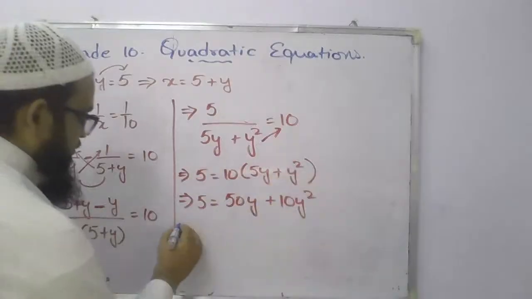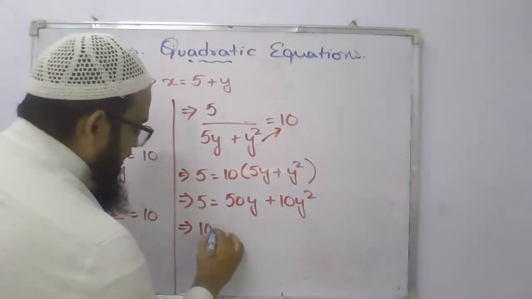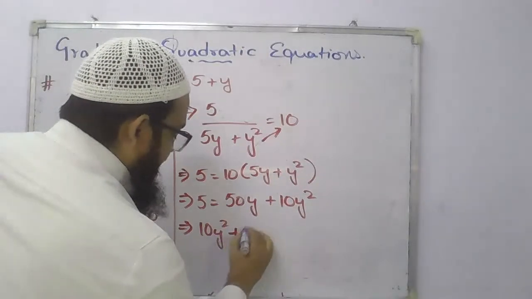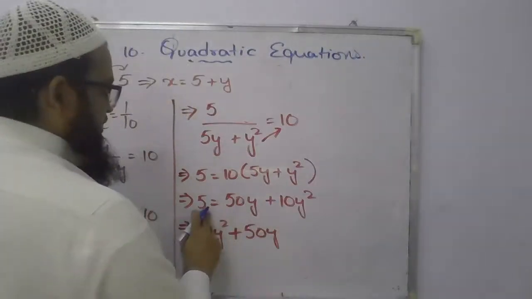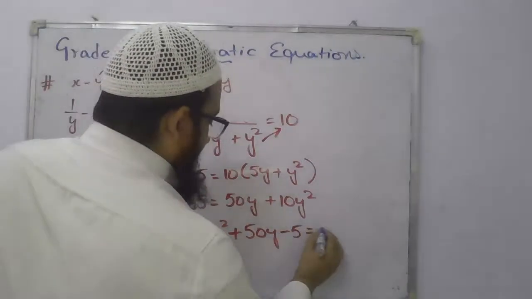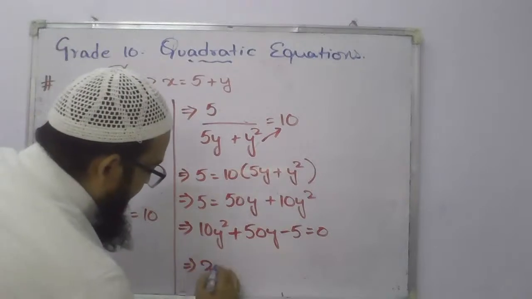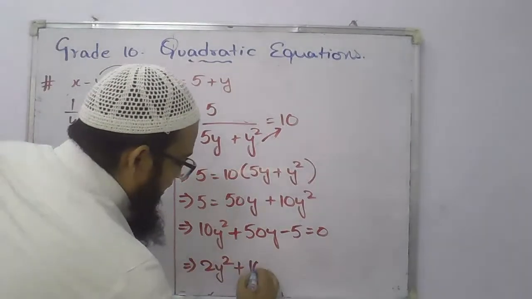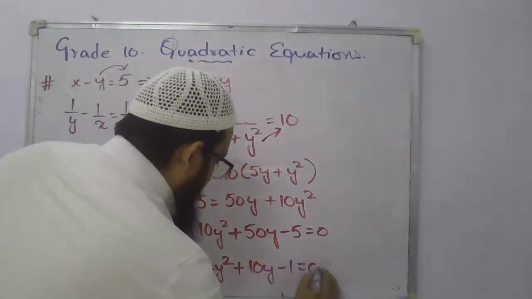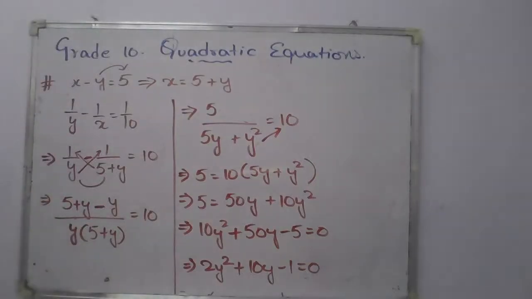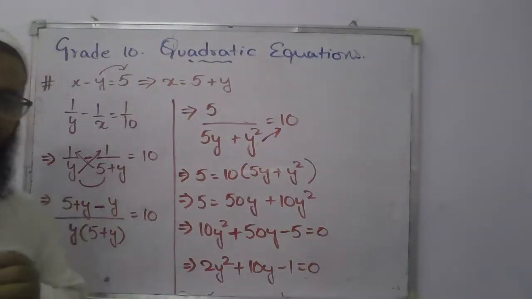You transpose 5 to the other side, so 10y square plus 50y minus 5 is equal to 0. I can see 5 is common everywhere. So if I take 5 common, 2y square plus 10y minus 1 is equal to 0. This is the equation. Understood, Abel George?